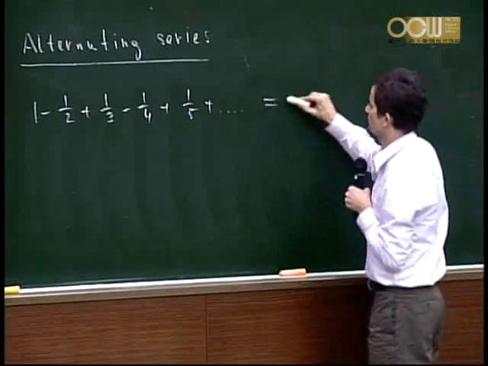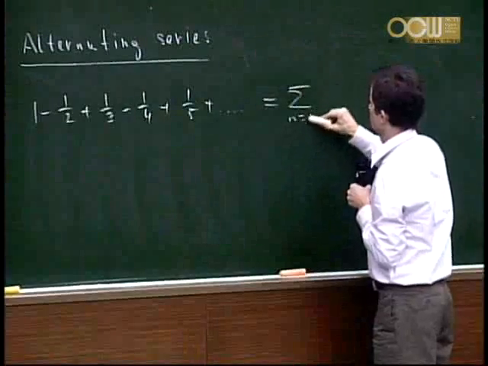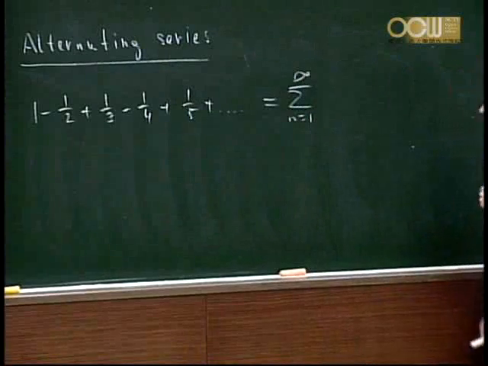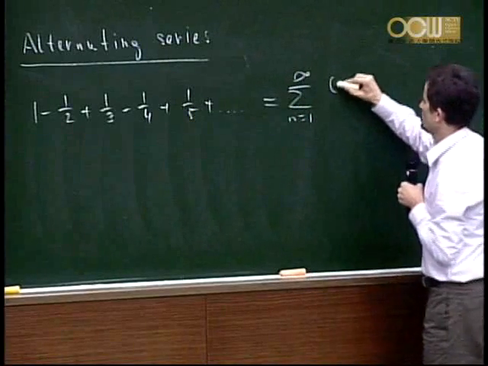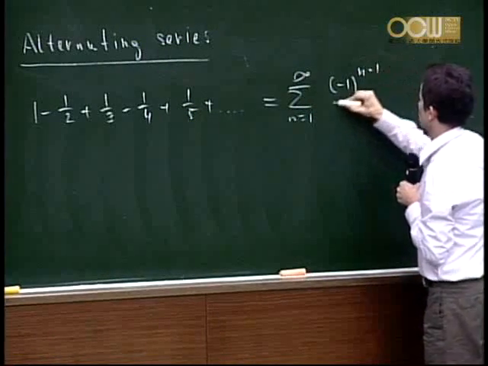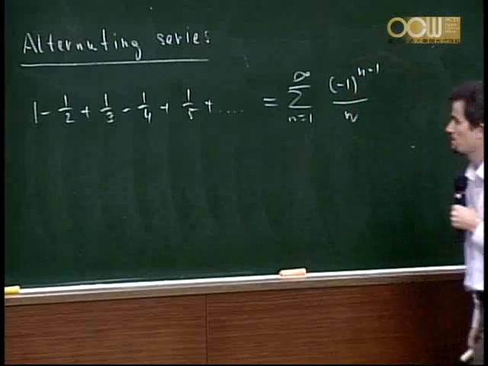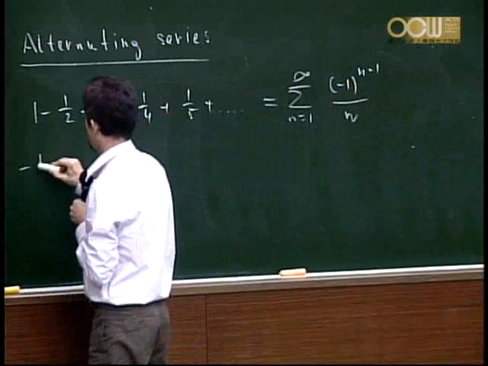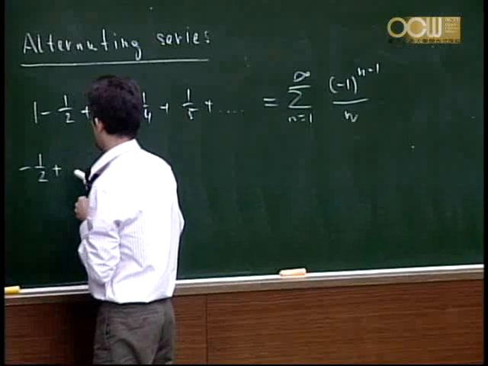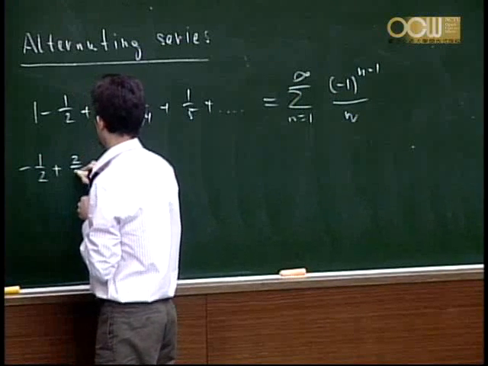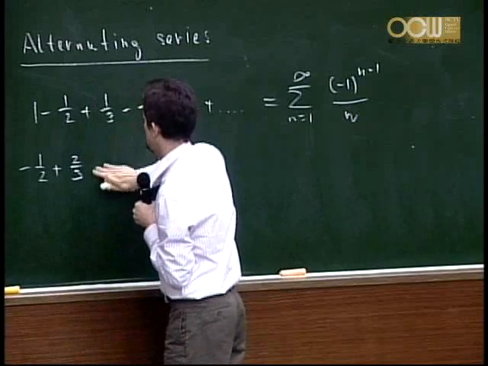In this case, you can write this as the sum of the series n from 1 to infinity of minus 1 to the n minus 1 over n. Another example, for instance, minus.